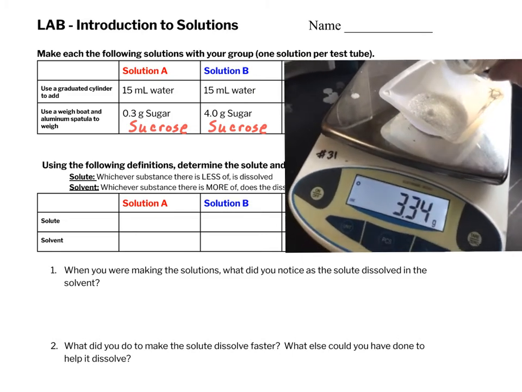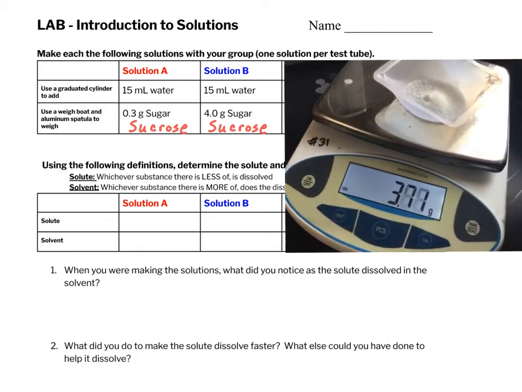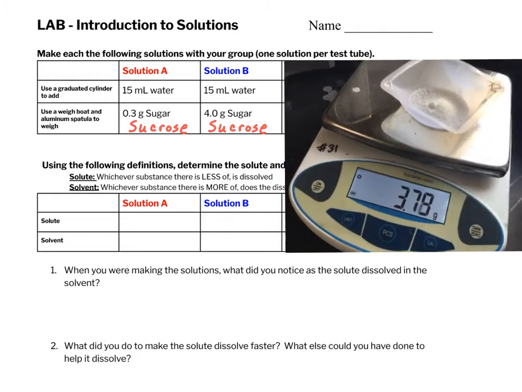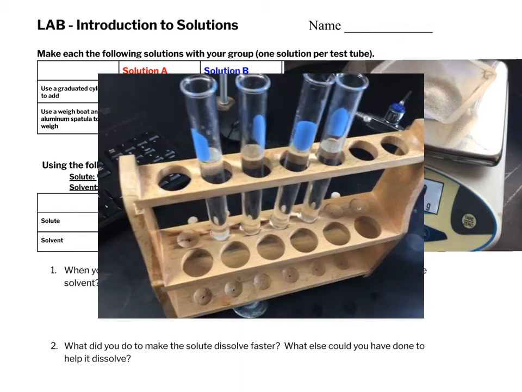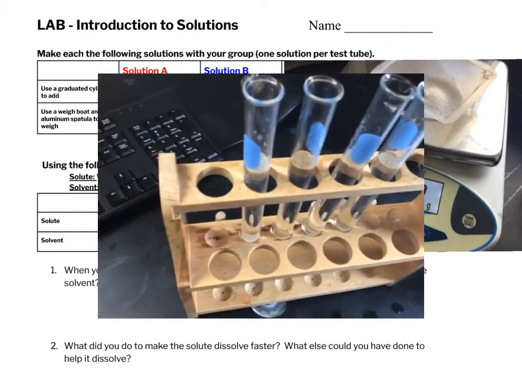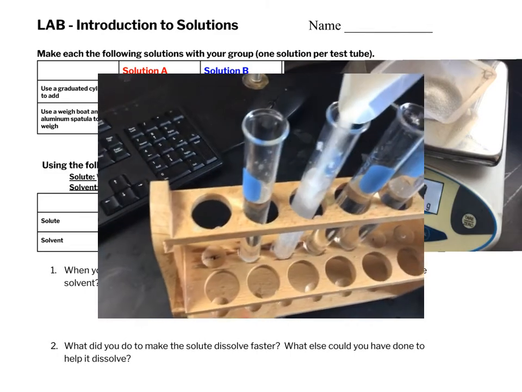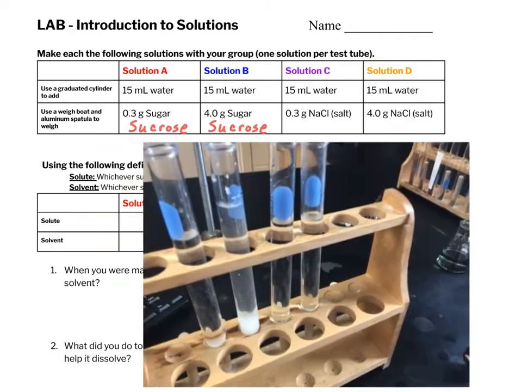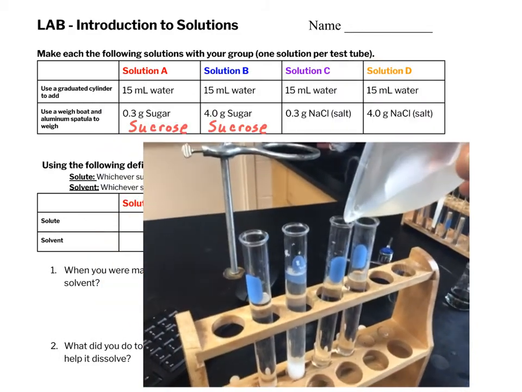Solution B is going to take 4 grams of sugar. All right, 3.91, good enough. We'll add that then to test tube B. Test tube C has 0.3 grams of the salt.